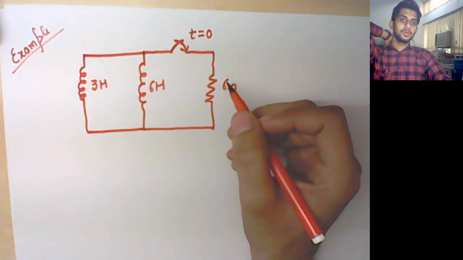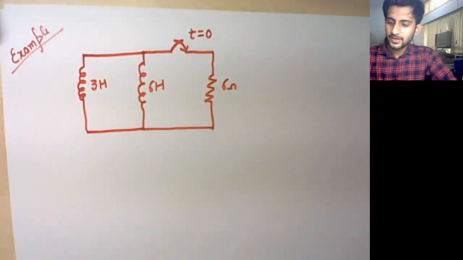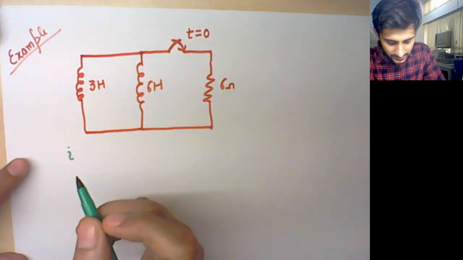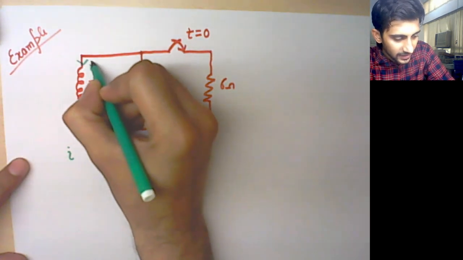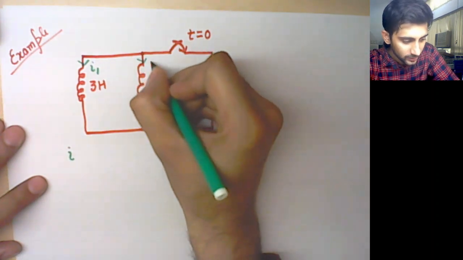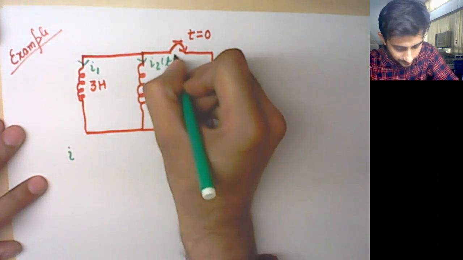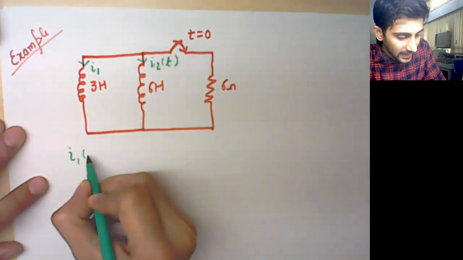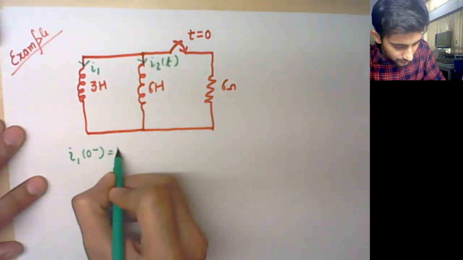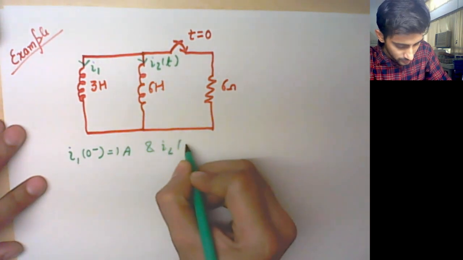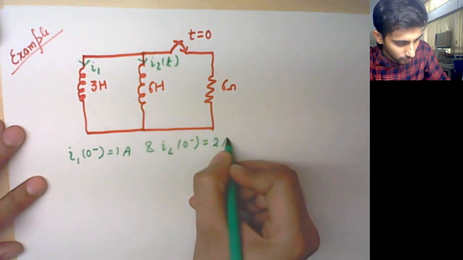Okay. So what is given is the initial conditions which you will consider. For example, let us say I1 is the current that flows through the 3 Henry inductor and I2 is the current which flows through the 6 Henry inductor. Then it is given that I1(0-) is equal to 1 ampere and I2(0-) is equal to 2 amperes.